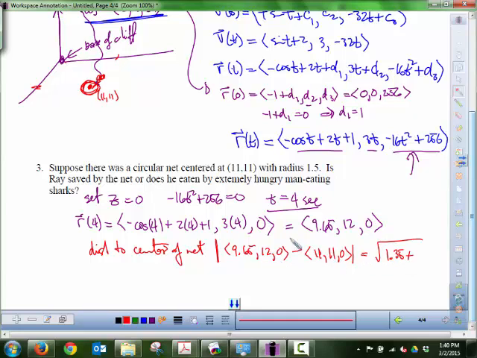And then the distance between 12 and 11 is 1. So 1.35 squared plus 1 squared plus 0, because it's flat. And what does this turn out to be? 1.68. So the distance from the center of the net is larger than the radius of the net, so it does not land in the net.